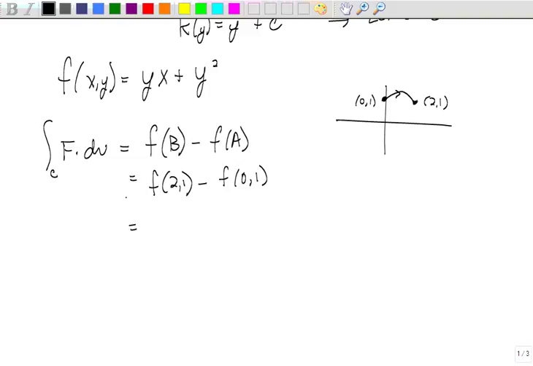So we're going to take these and substitute them back in here. So that's 2 times 1 is 2, plus y squared is 1 squared, minus 0 plus 1 squared. And we get 2.